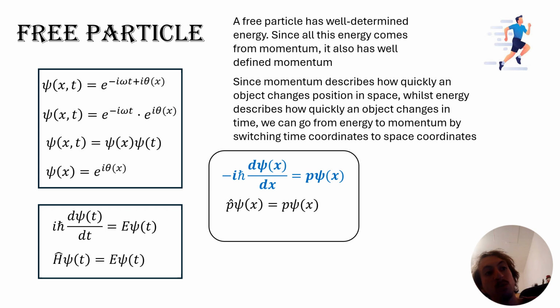Essentially, if we solve our eigenvalue equation or our differential equation, we can say that psi of x is just e to the i p over h bar times x.